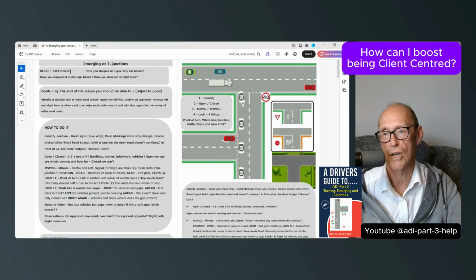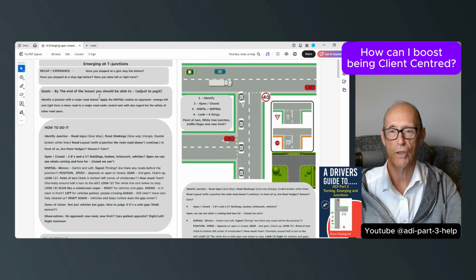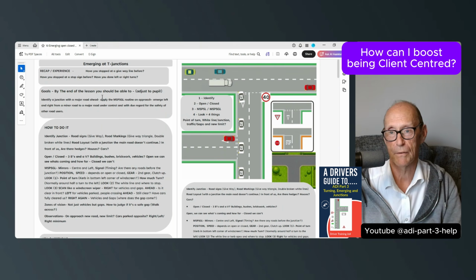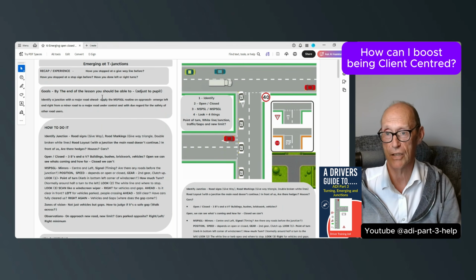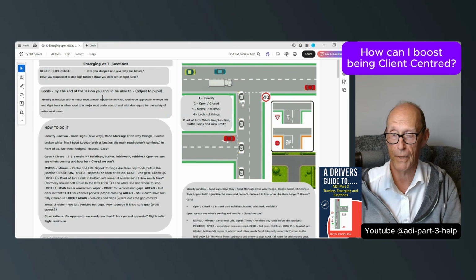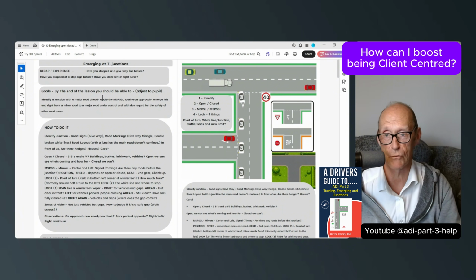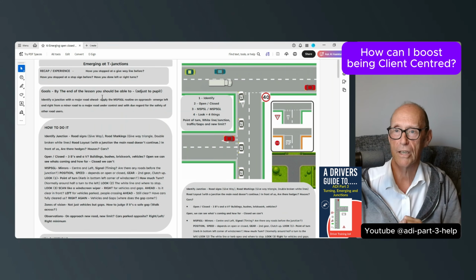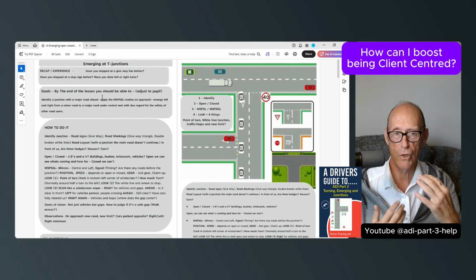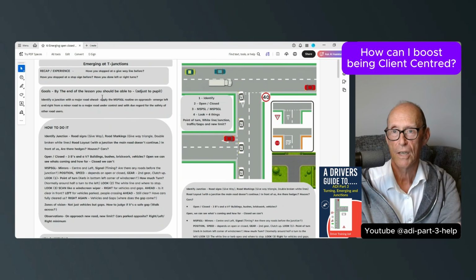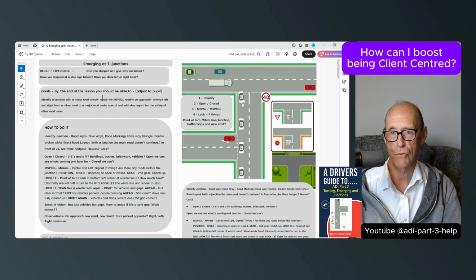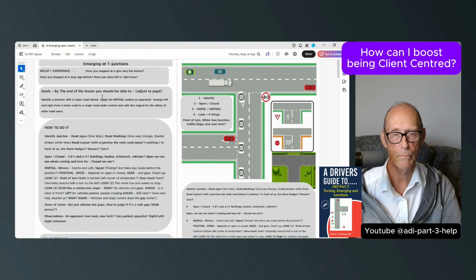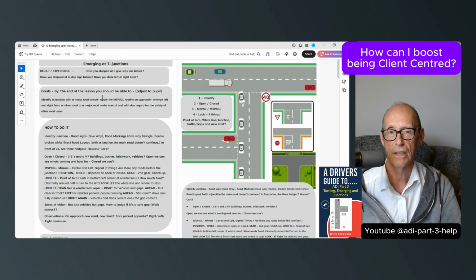Then the goals. So to begin with, when you go through the goals, you'll pretty much list everything. We're going to be able to identify a junction with a major road, apply the MSP SGL routine, emerge left and right from a minor onto a major road. But when it comes to doing it with your pupils, you as the teacher should now know what's the goal we need to work on. And Chris, we keep coming up really quick to junctions.